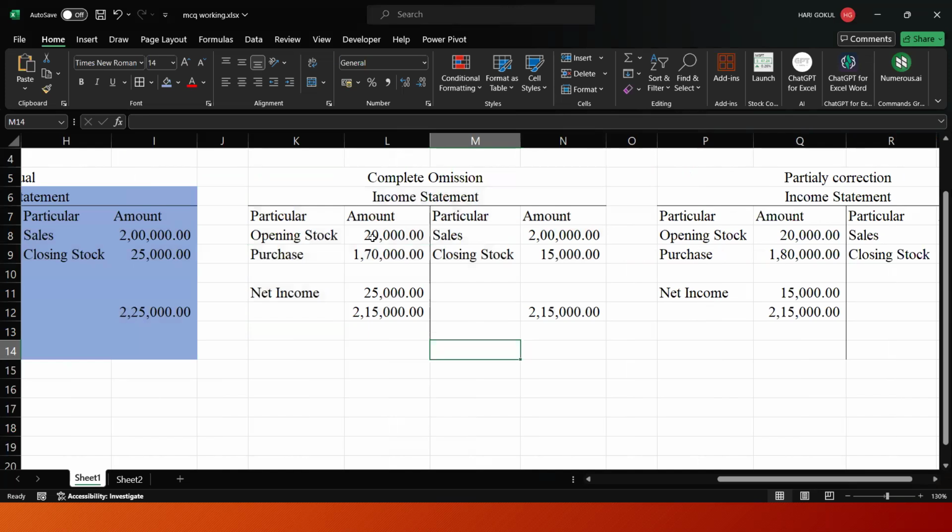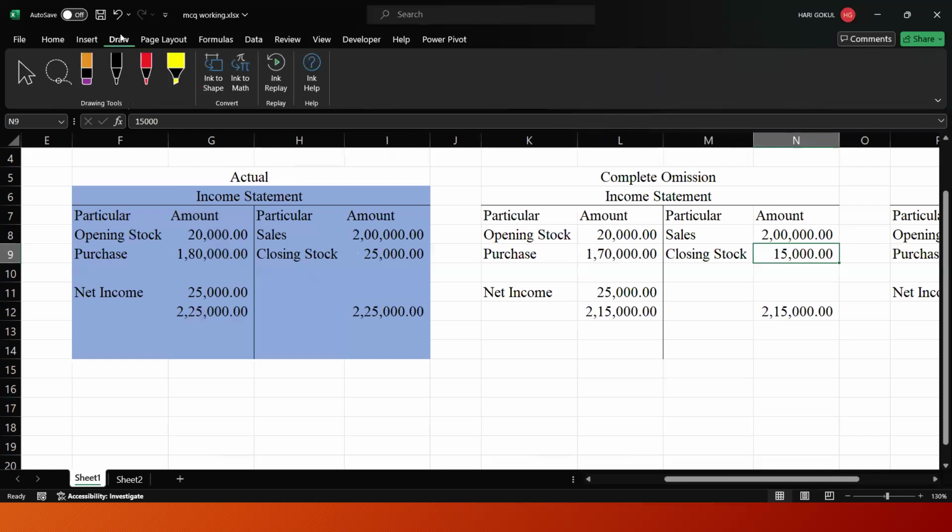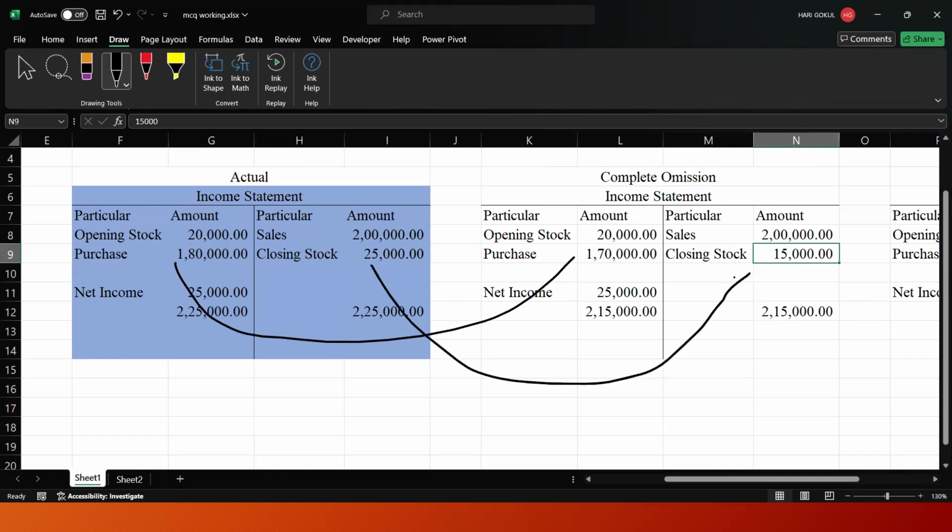The $10,000 not in the purchase and the same $10,000 not in the closing stock. You can see it. Let me show it in the diagram. 1,80,000, but if you minus 10,000, practically it will become $25,000.